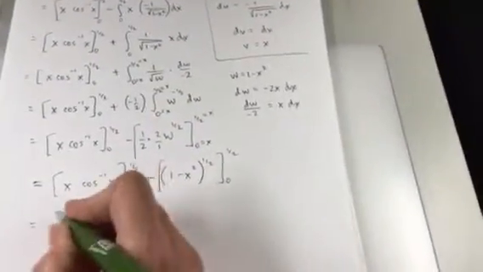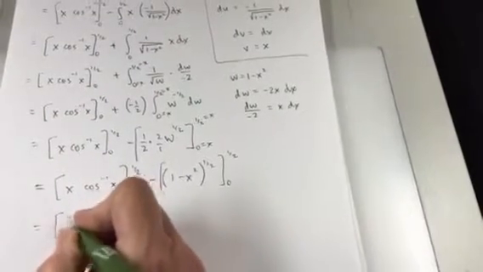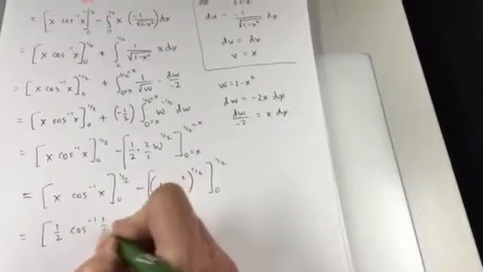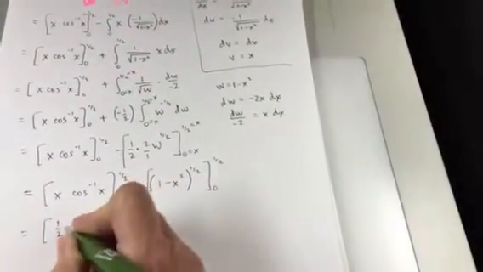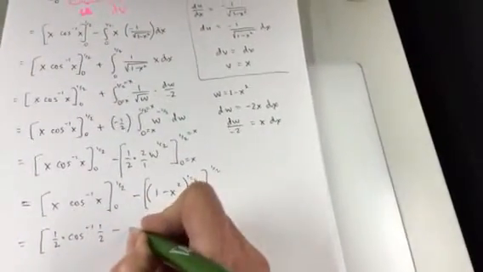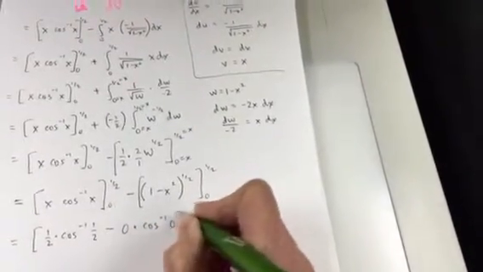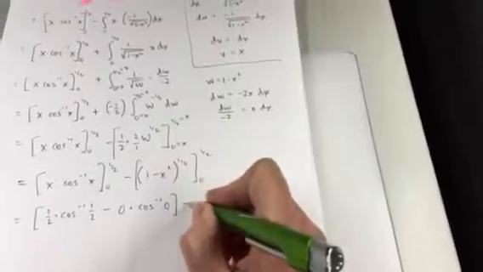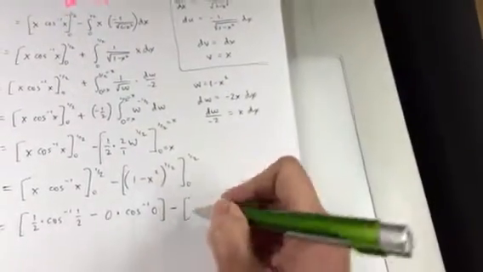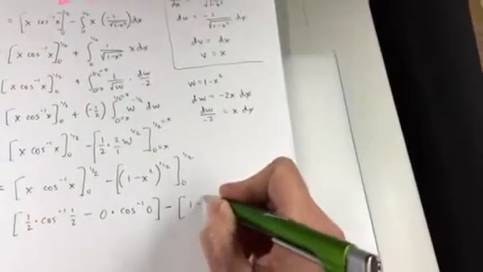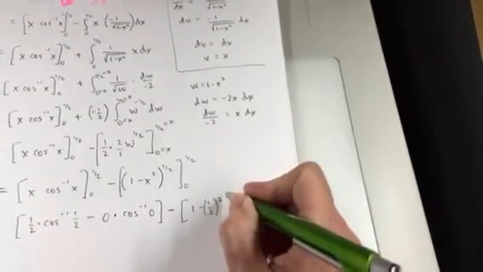Let's plug in the 1/2. 1/2 times inverse cosine of 1/2 minus 0 times inverse cosine of 0 minus, here's the second part, 1 minus 1/2, that is squared.